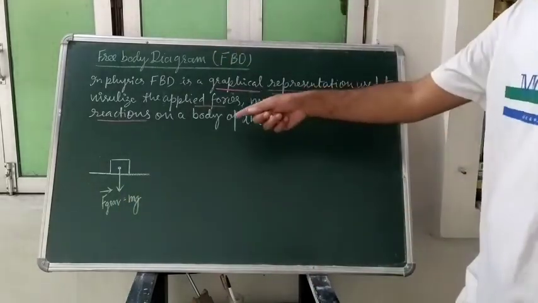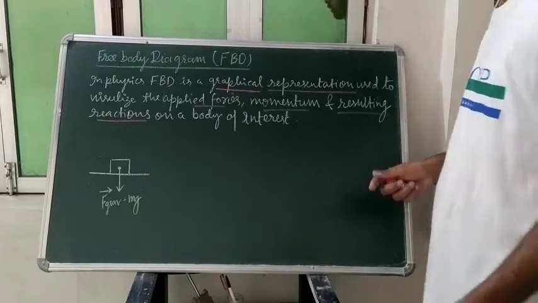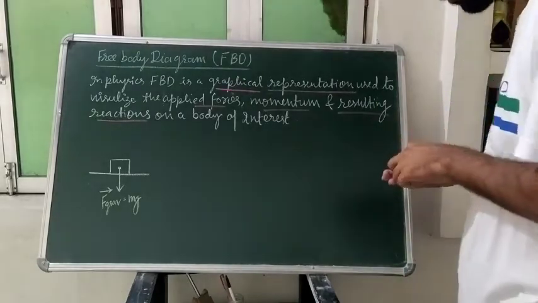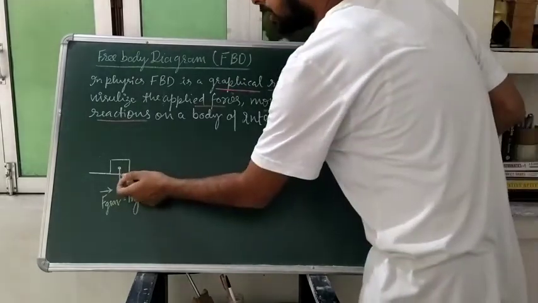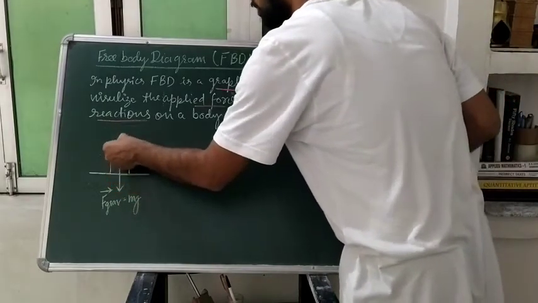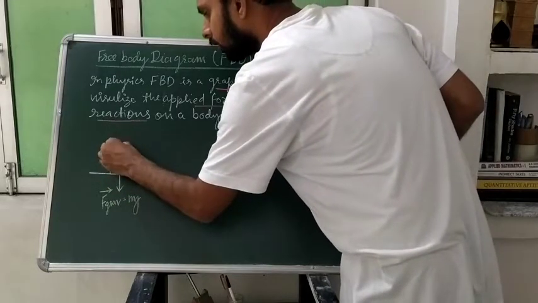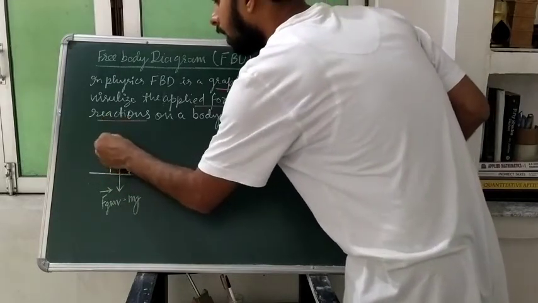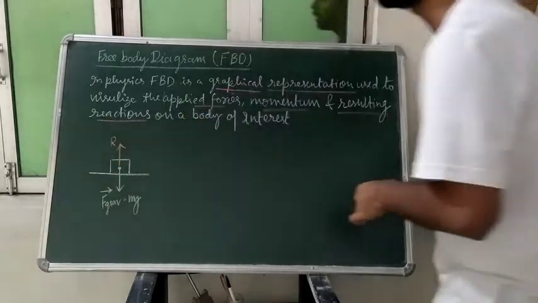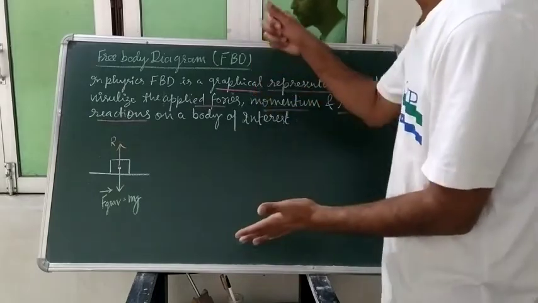Suppose a block of mass m is kept on the table. Due to the contact, a reaction force will act on it, and that will be in the upward direction. You all will be aware of it by Newton's third law.